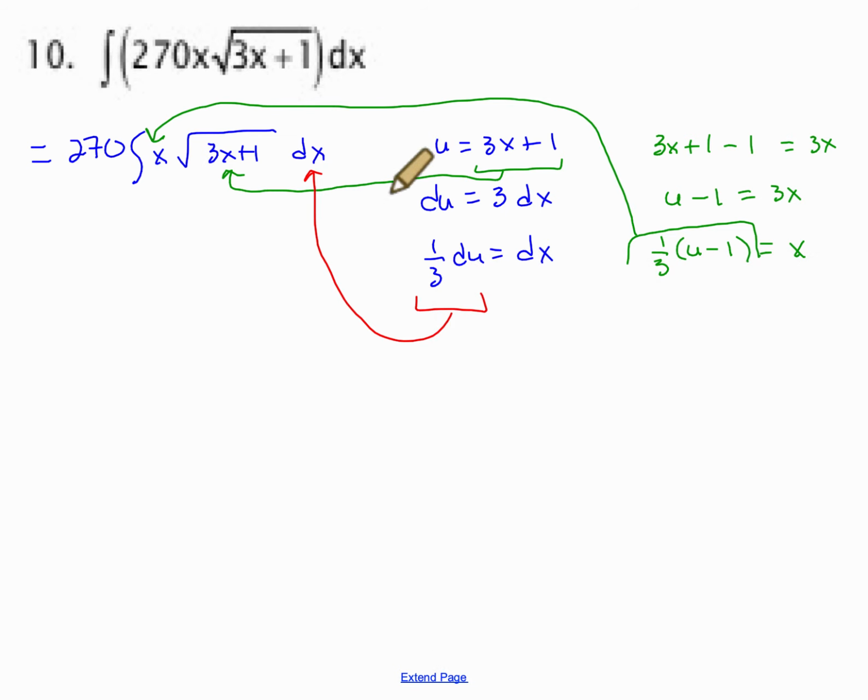Okay, so that means with all this going on, we end up with 270 multiplied by the integral. Now x is being replaced with 1/3 times u minus 1, square root of 3x plus 1, and 3x plus 1 is being replaced by u. So square root u. And then dx is being replaced with 1/3 du.